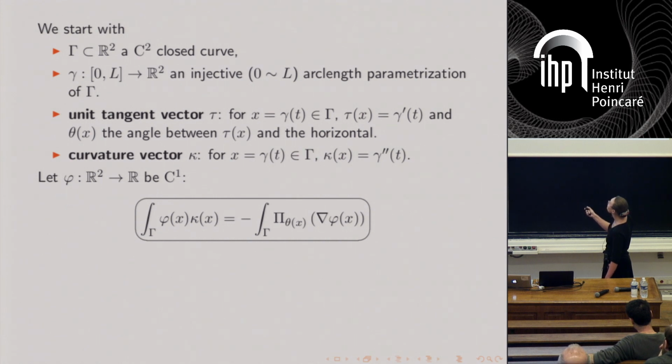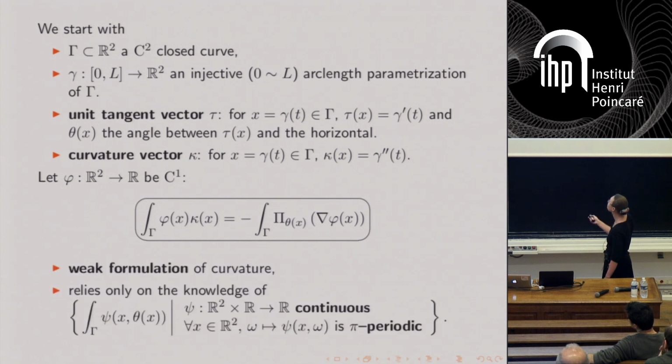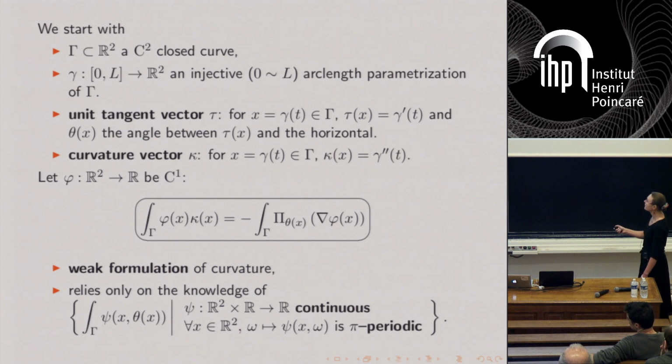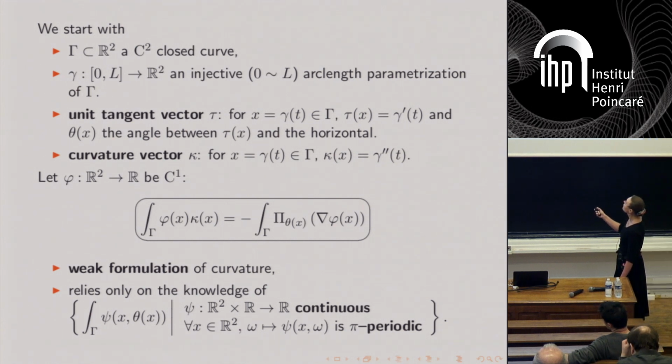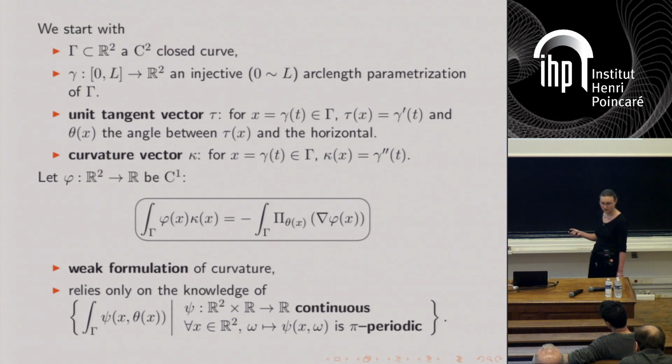On the fact that you know how to integrate onto gamma those kinds of functions, involving the direction of the tangent and continuous functions in x and theta, since this was C1. So that's what I was saying, actually. If you want to compute this thing, you only know, actually even less, but this will be enough, how to compute those integrals.